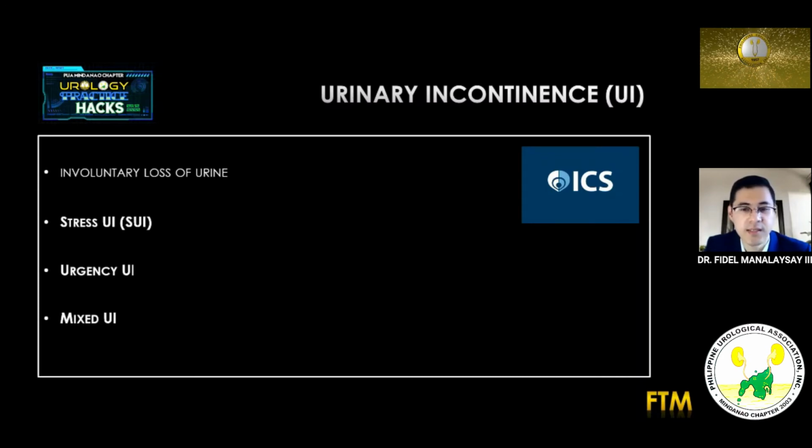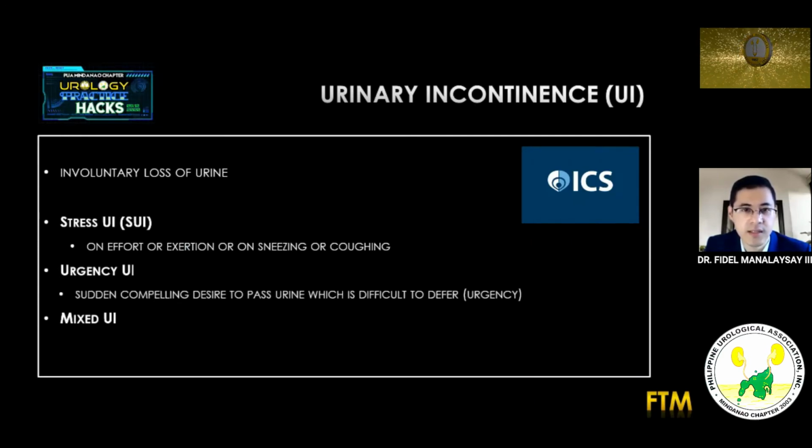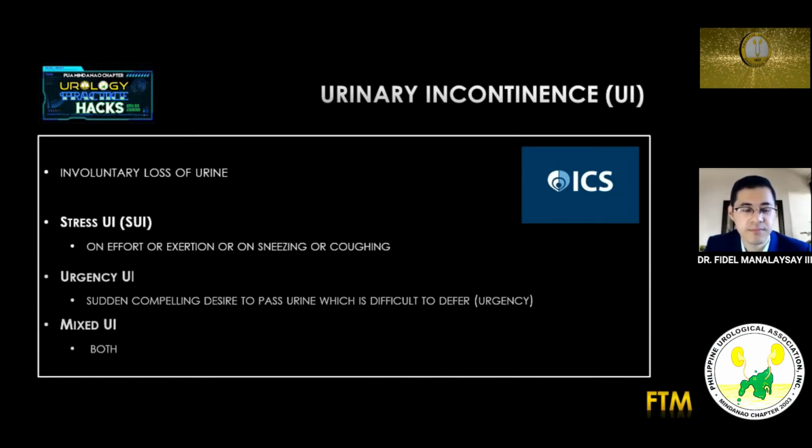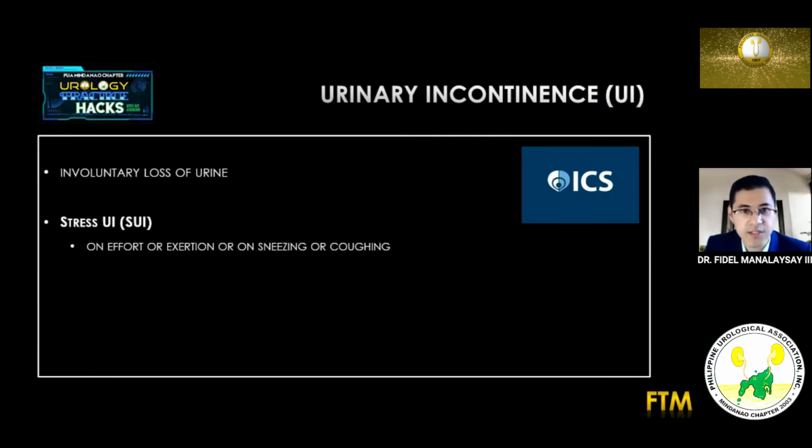Stress incontinence is incontinence associated with effort or exertion, or sneezing or coughing, while urgency incontinence is a feeling of a sudden compelling desire to pass urine, which is difficult to defer, and mixed is a combination of stress and urgency urinary incontinence. In the interest of time, and since the prevalence of stress incontinence is higher than mixed and urgency urinary incontinence, we'll be focusing on stress incontinence, particularly in females.